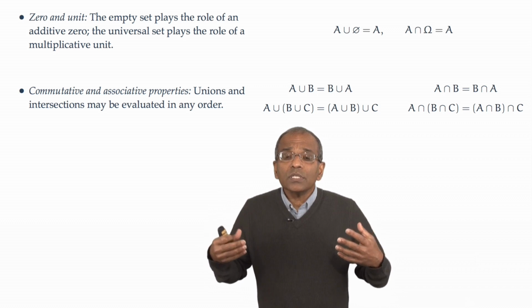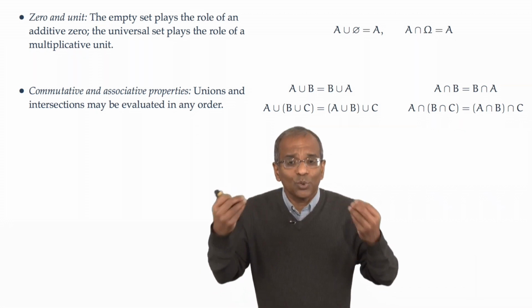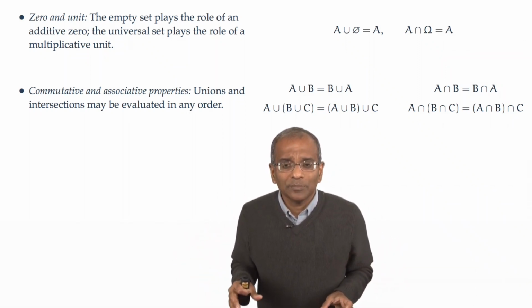So, unions and intersections are commutative and associative. In other words, you can do them in any order.